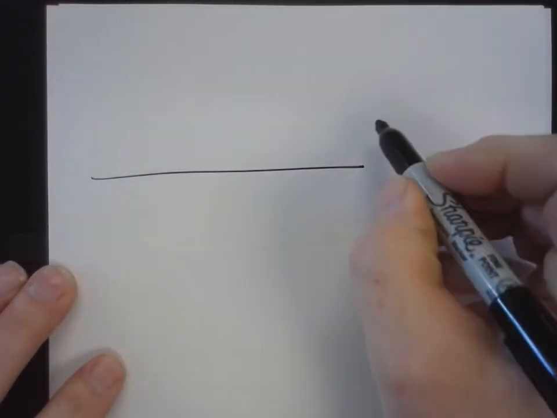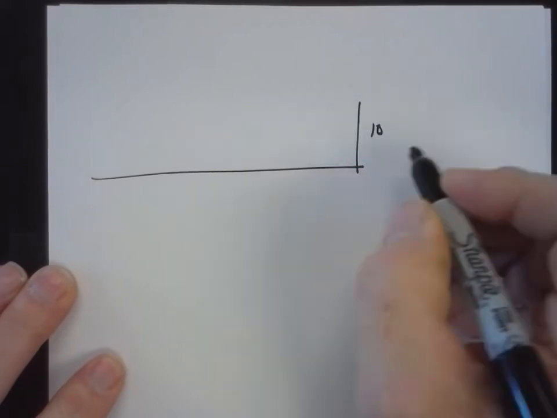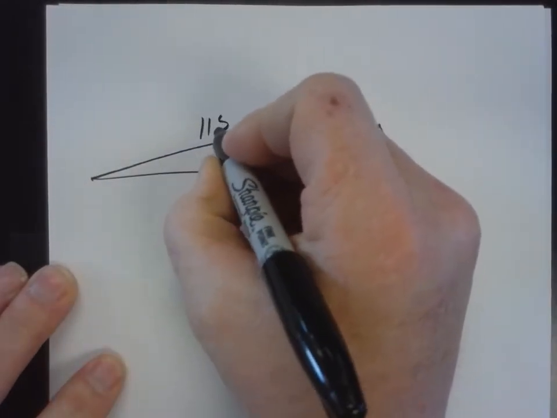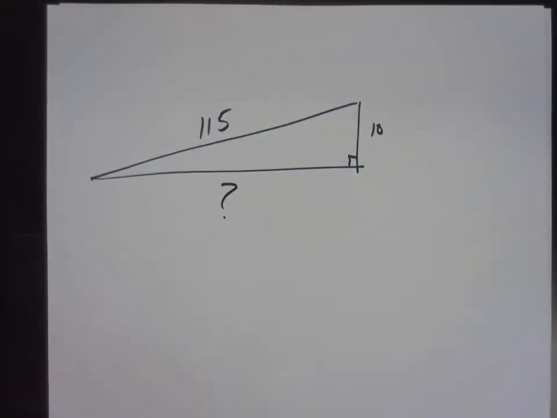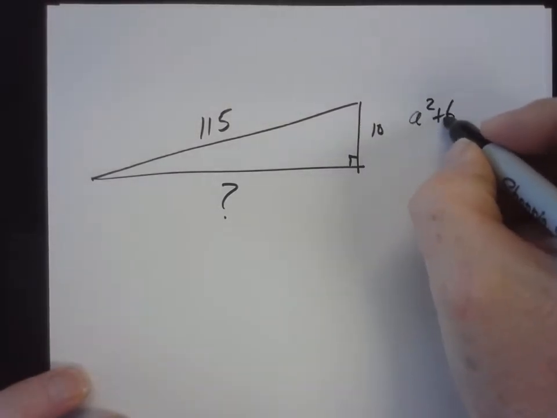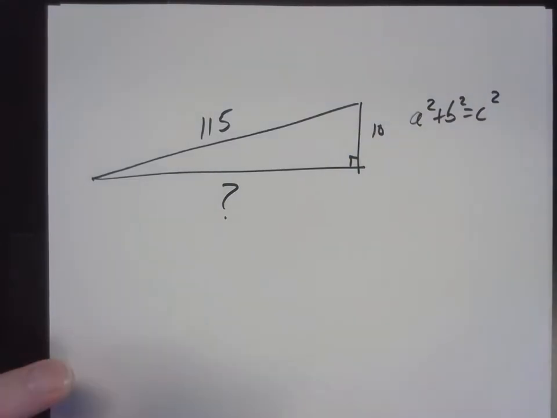I guess the harder problems with the Pythagorean theorem are where we have a leg and we have a hypotenuse and we're missing this other leg. Aren't these a little bit more difficult? So if a squared plus b squared equals c squared, in this case, what's a?